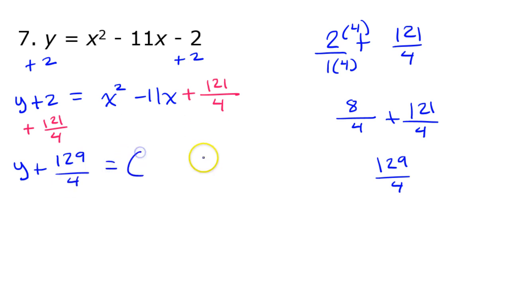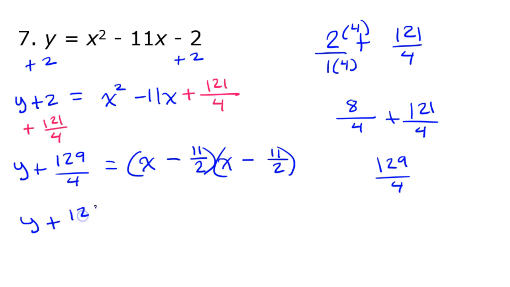Let's go ahead and factor this. So this is going to be x times x. 121 over 4 came from doing 11 over 2 squared. So we'll go back to the 11 over 2. Because the middle term is negative, both of these will be negative. So now I can write this as y plus 129 over 4 is equal to x minus 11 over 2 squared.